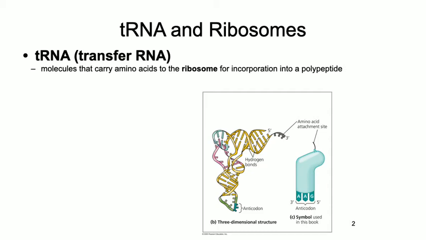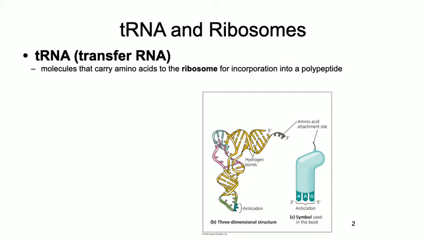Structurally, this is a single-stranded piece of RNA polynucleotide, so RNA nucleotides in a long chain. But because certain parts of that chain on one side happen to be complementary to certain sections on the opposite side of the same chain, it folds in on itself in certain parts and creates hydrogen bonds.